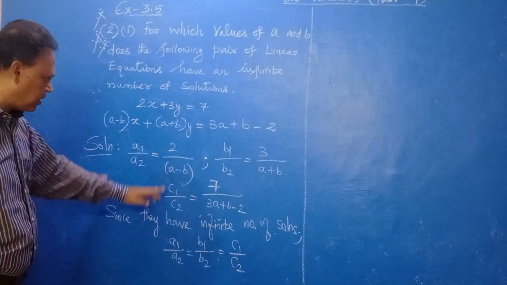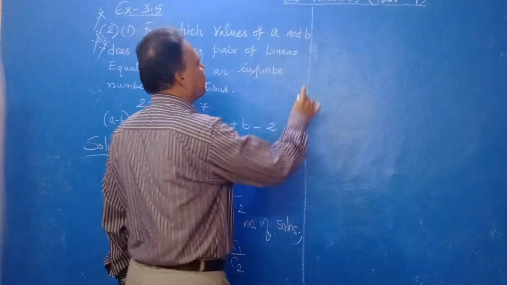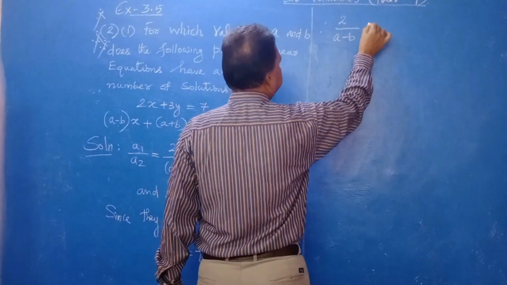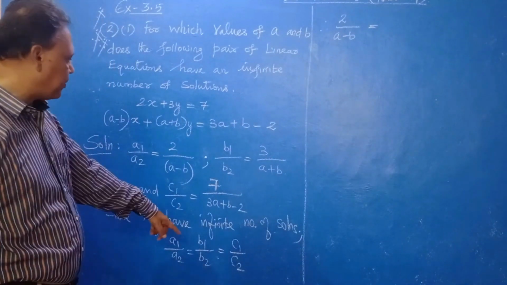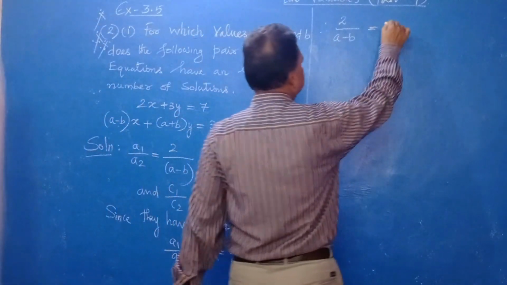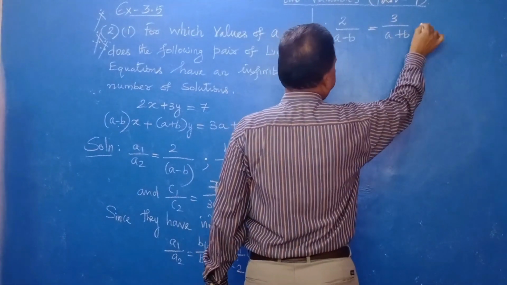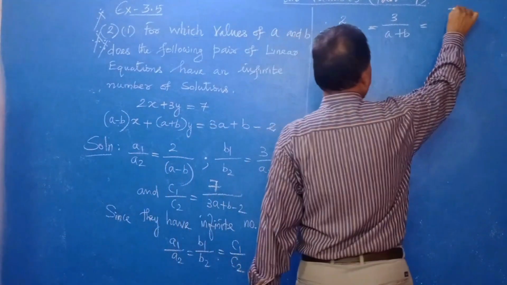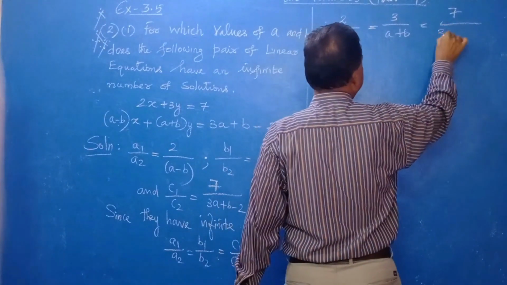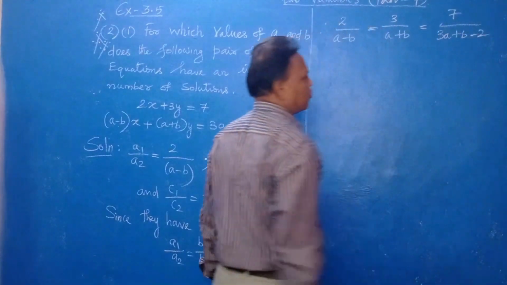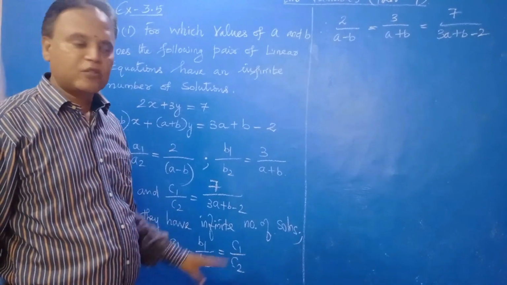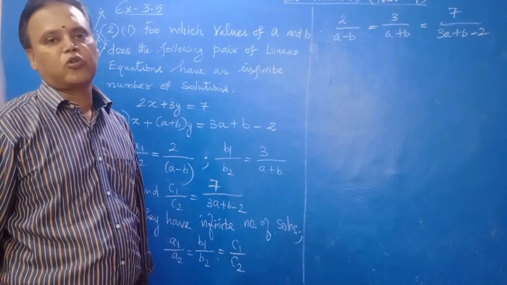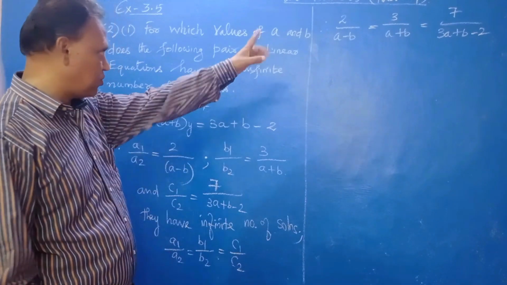So just replace it: A1 by A2 is 2 by a minus b, equal to B1 by B2, 3 by a plus b, equal to C1 by C2, 7 by 3a plus b minus 2. Here you see, I am not applying the cross multiplication method. I am applying the condition of infinite number of solutions.